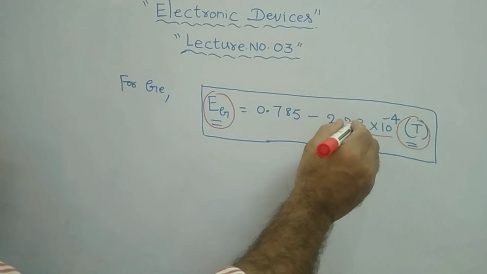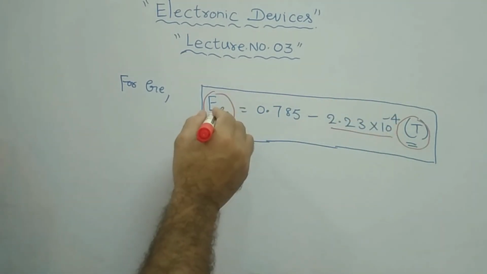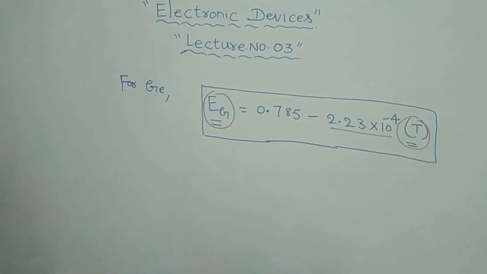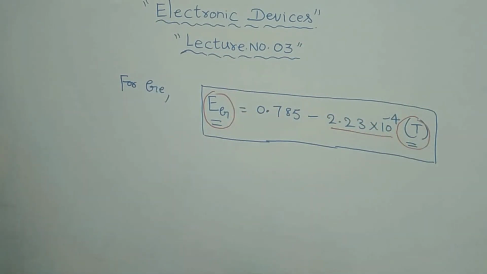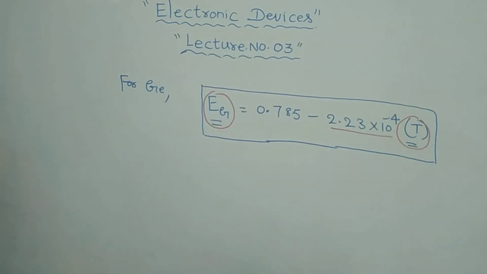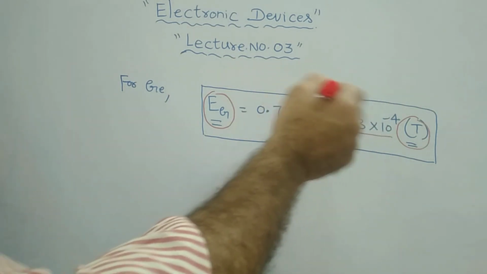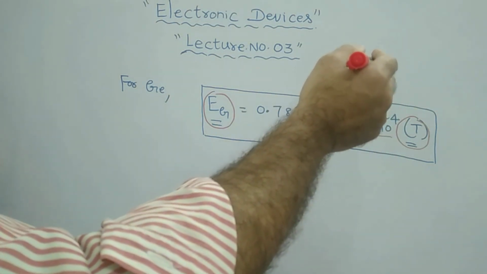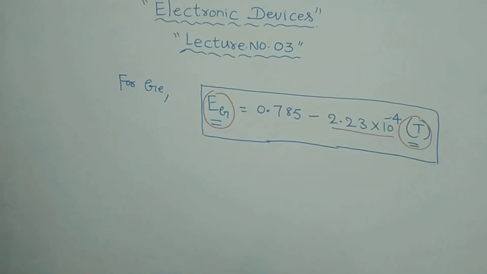This is the rate of decreasing. This factor indicates the rate of decrease of the energy gap per degree Kelvin. Per 1 degree Kelvin, it decreases this much actually. That is the meaning of it. And similarly for silicon, we have seen it is minus 3.6 into 10 power minus 4, which is the rate of decrease in case of silicon, right?